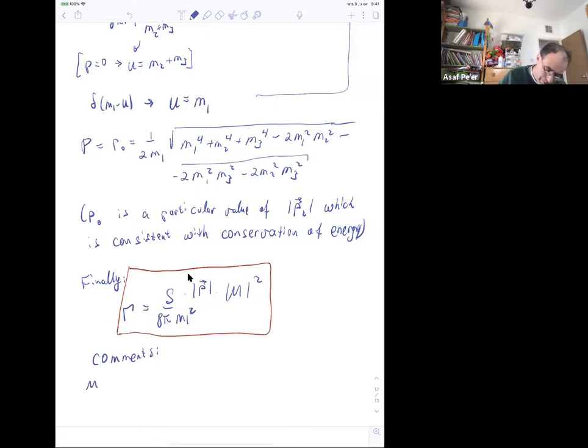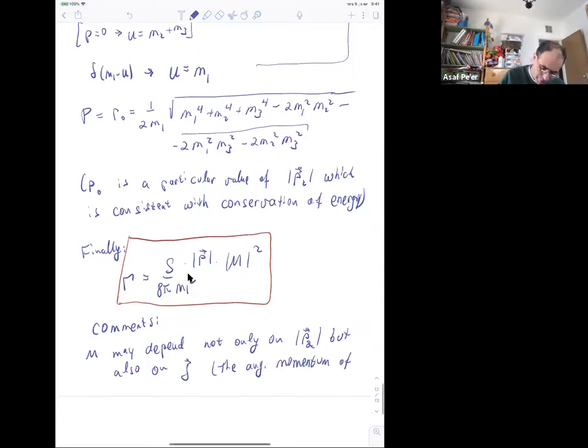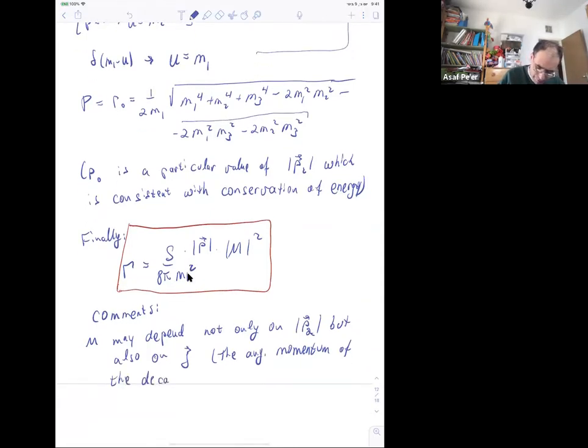So M may depend not only on P, but also on J, the angular momentum of the decaying particle, which I happily ignored in this calculation.